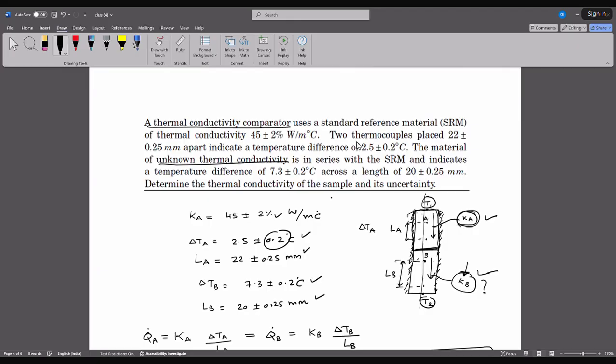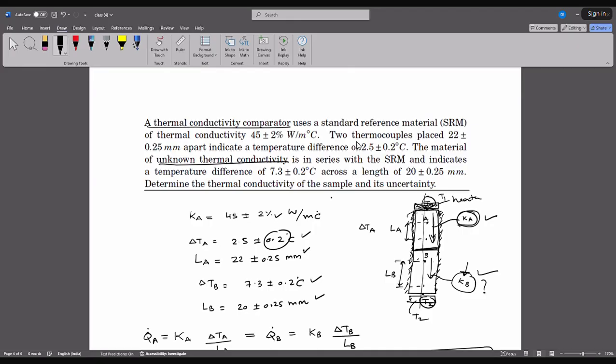Now, here you place some kind of heater at a temperature T1. Here you can use a heat sink or even ice or even ambient temperature at some T2. So the heat flows in this direction because this is the hot end, this is the cold end.